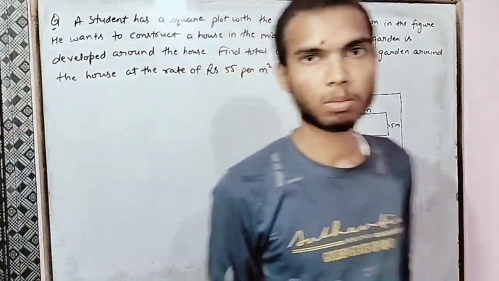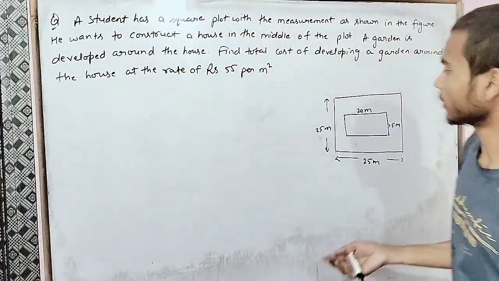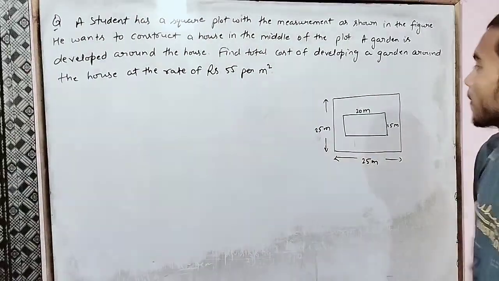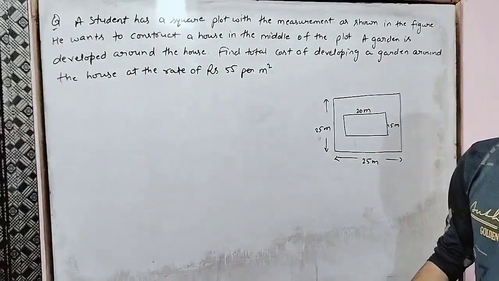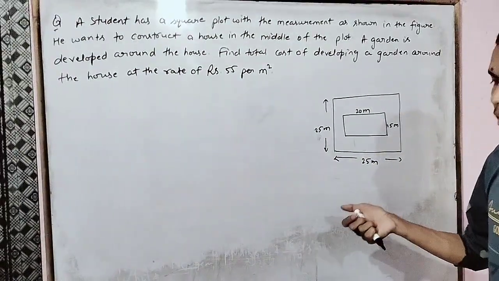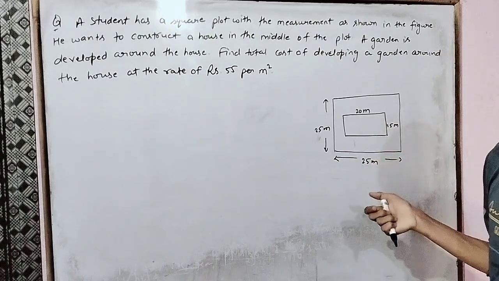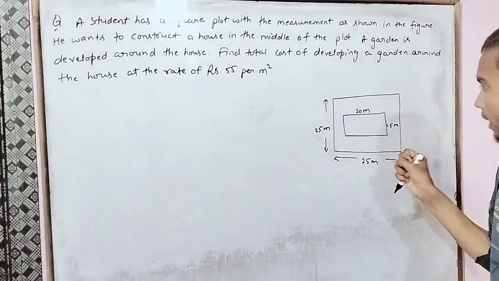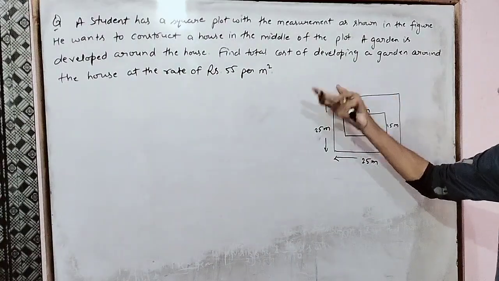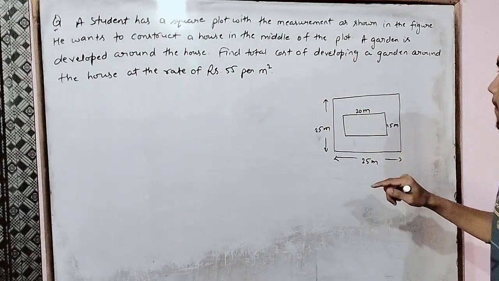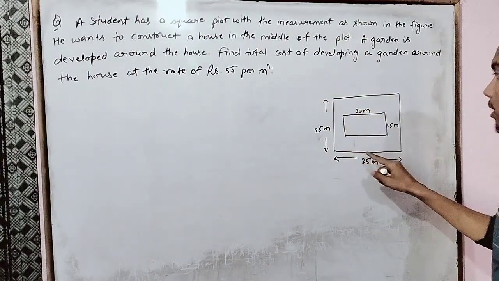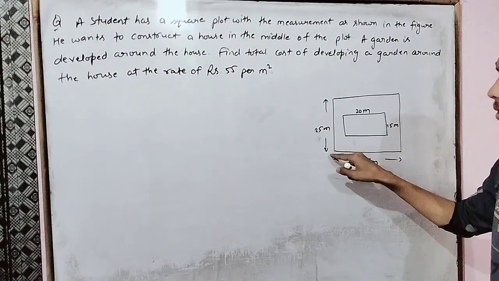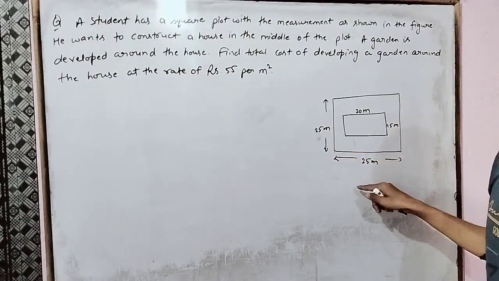This is a statement as a question, and this is the figure of this question, so we can have a clear idea to find out whatever it is. This is 25 meter, this is 25 meter.